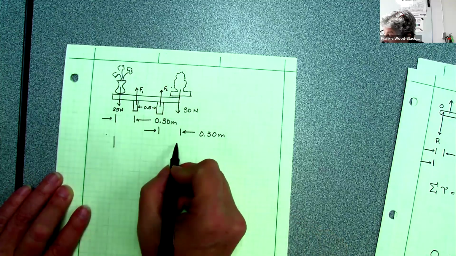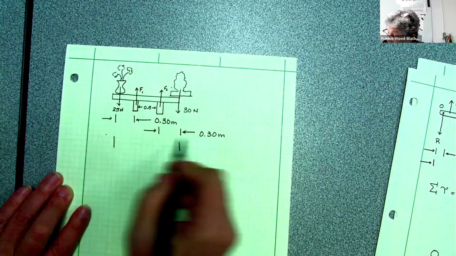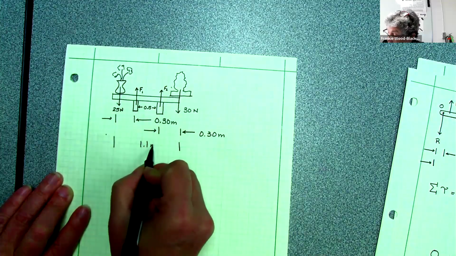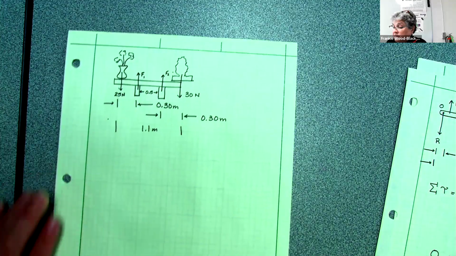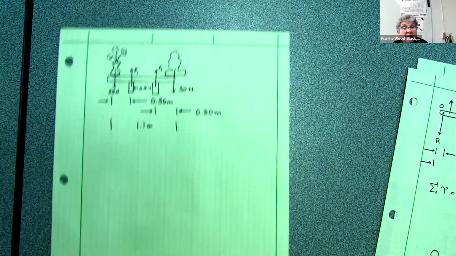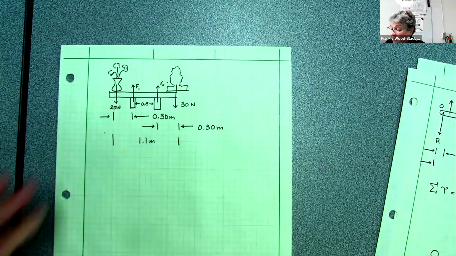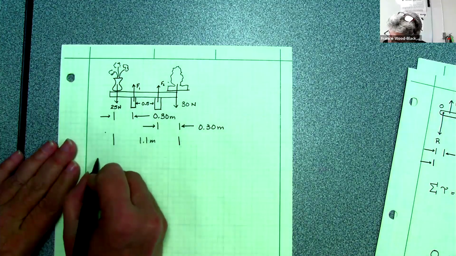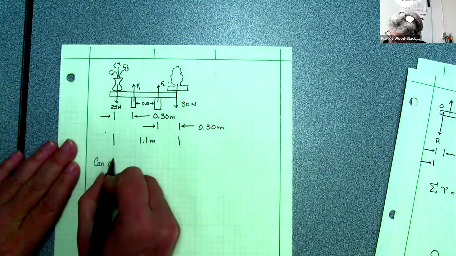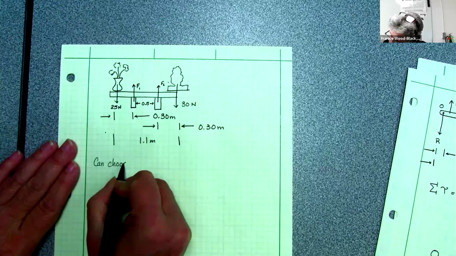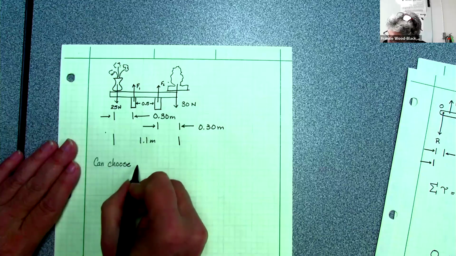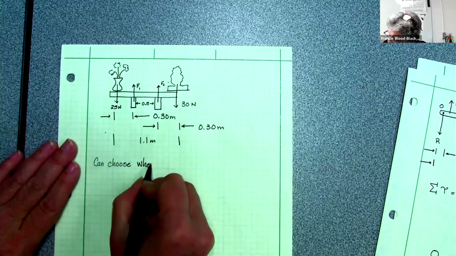From this distance to this distance, it's going to be 1.1 meters. So we've got those. There are two ways to approach this problem. We can choose where we want to do the torques.